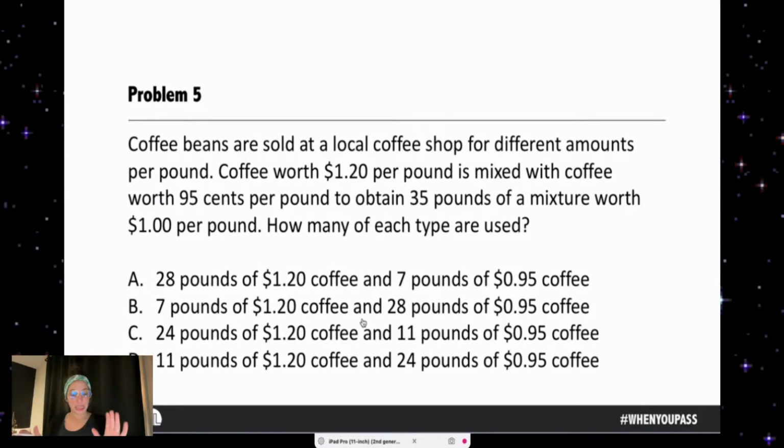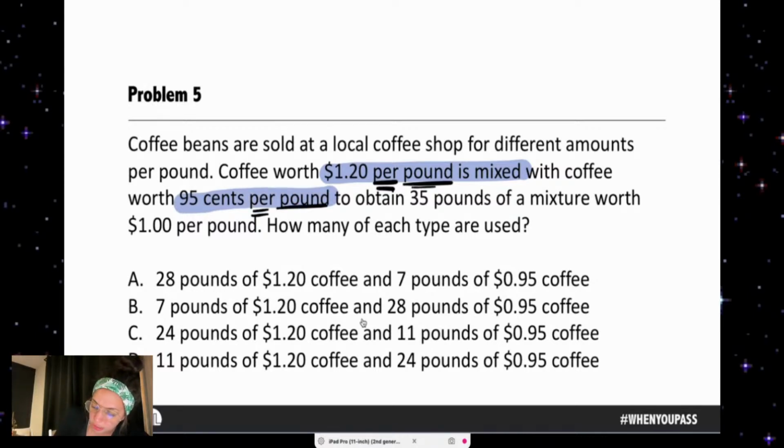Let's go ahead and break it down. Coffee worth this much per pound is mixed with coffee this much per pound. Whenever we see per pound, we can usually assume that there's going to be some sort of multiplication thrown in there, right?